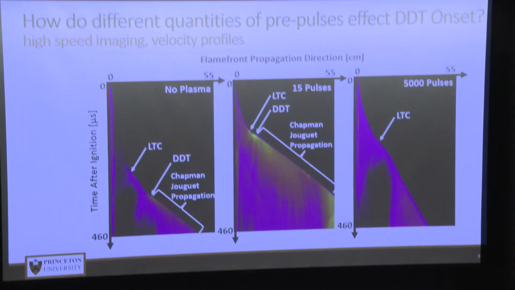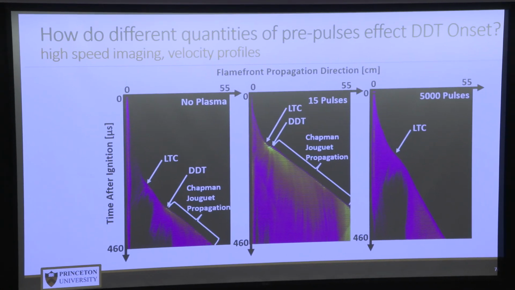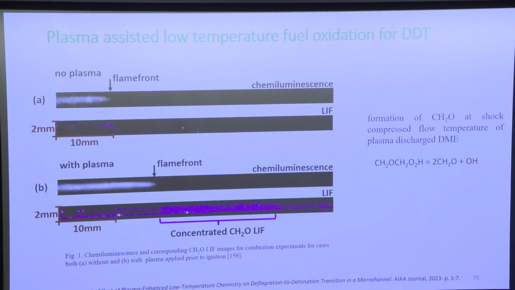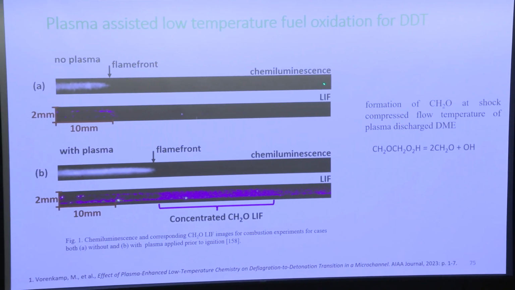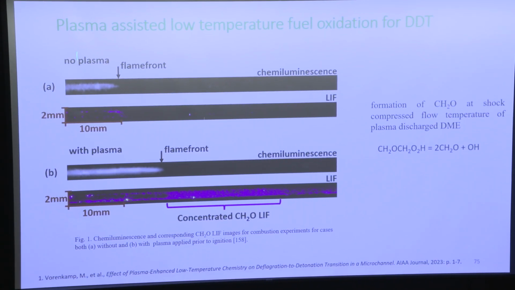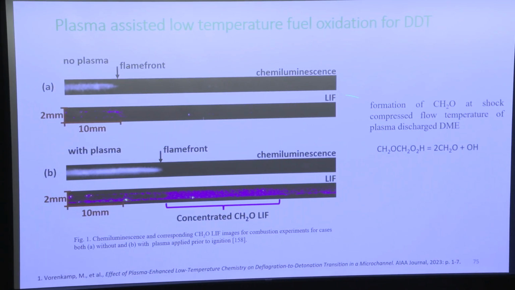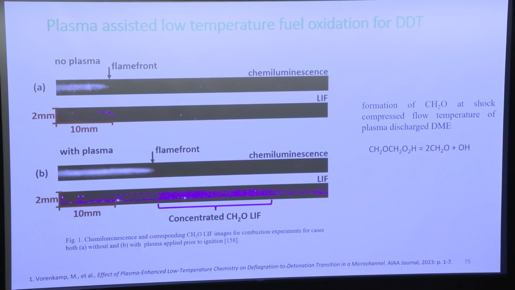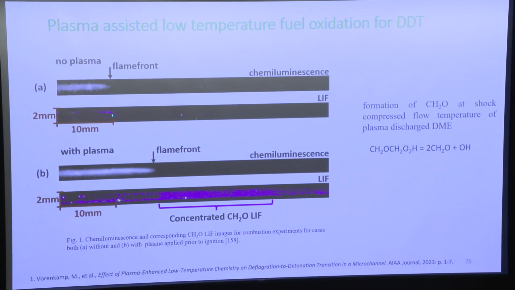This is a picture I showed you yesterday, of how plasma accelerated detonation is so beautiful. And then you do laser diagnostics to measure it. This is a DDT without plasma. You can see the formaldehyde measurement is very tiny in front of the flame. This is the flame. The formaldehyde is only in front of the flame.